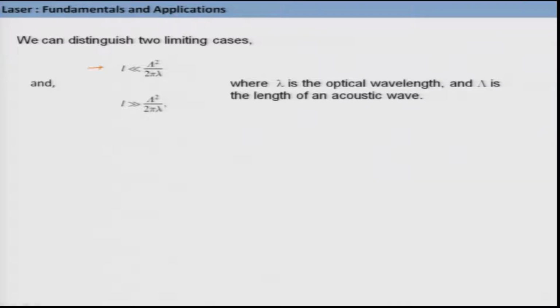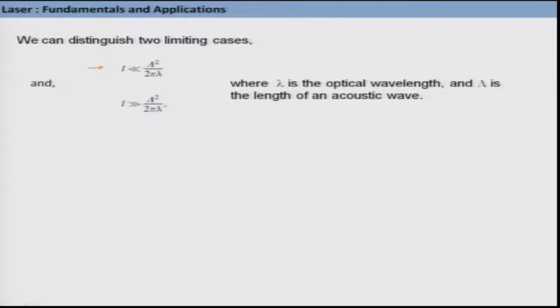We are not bothered about how we came to this conclusion because that is not part of this particular course curriculum, but we will just look at these two values that can be obtained.